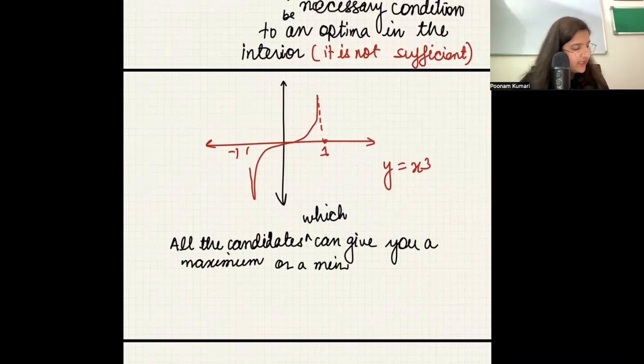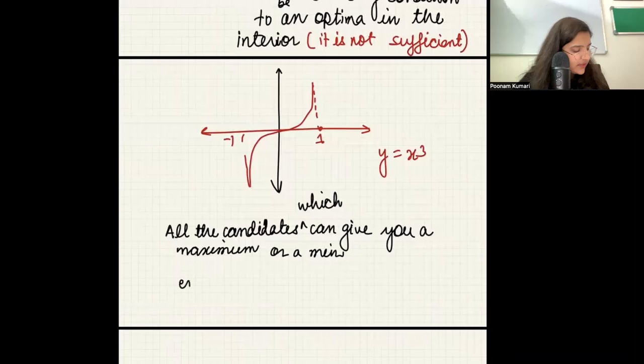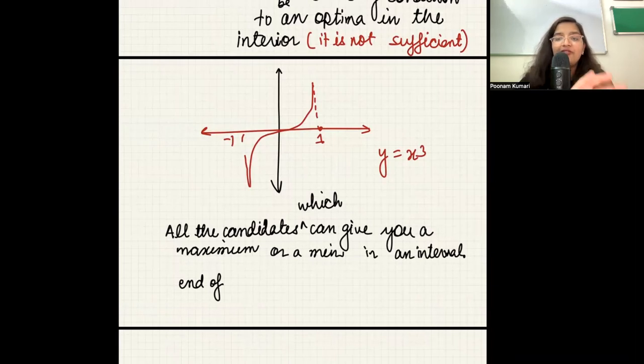So first category is endpoints of the interval. Maxima and minima in an interval: if there is any function which is defined in an interval, and you are looking to find the maxima or minima, all the candidates who are fighting to be the maxima or minima follow either of these three categories. So either they are endpoints of the interval, right?